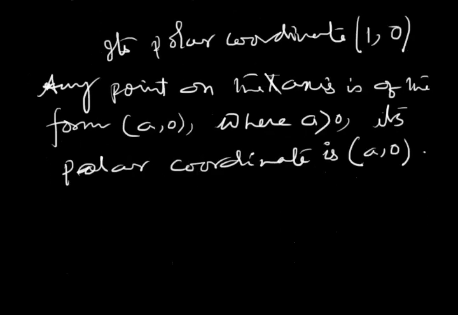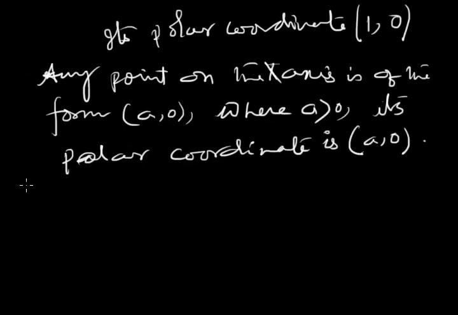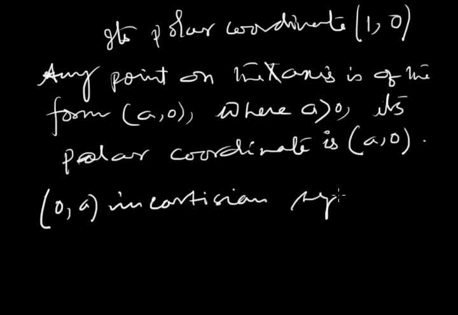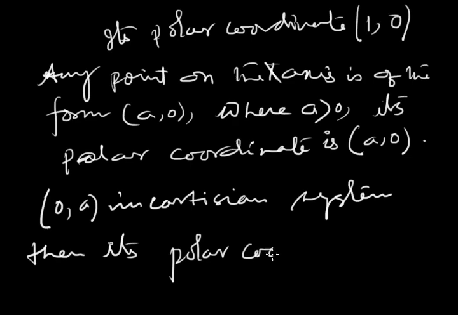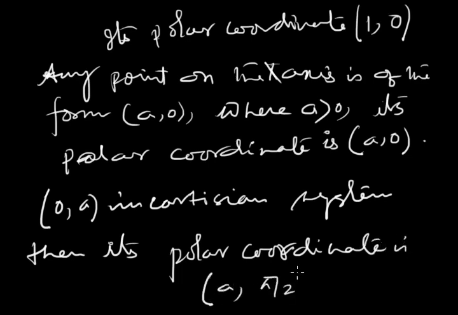Now we consider a point of the form (0, a) in the Cartesian system. Then its polar coordinate is (a, pi by 2).